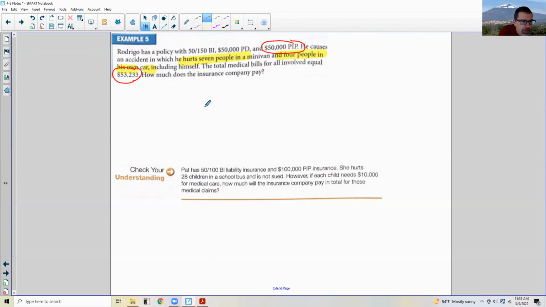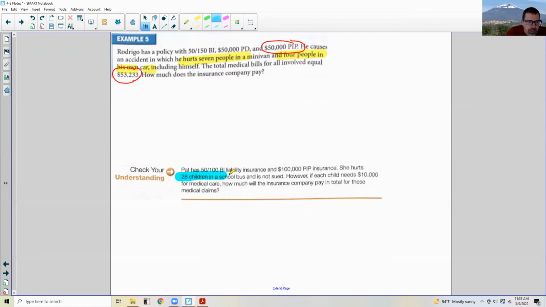Check your understanding. Pat has 50/100 bodily injury liability insurance and a $100,000 PIP insurance. She hurts 28 children in a school bus and is not sued. Wow, miracles.